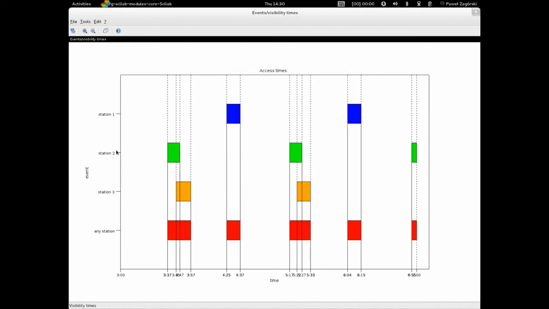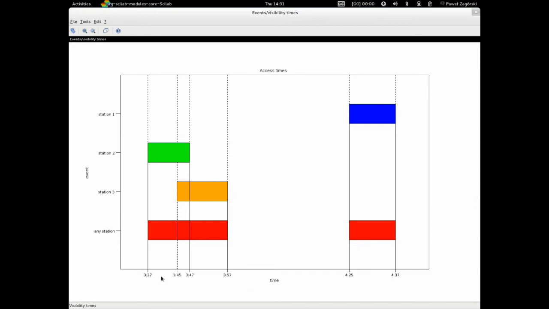Ground station number 2 saw the satellite first at 3:37, then while it was still visible, ground station number 3 saw it, and ground station number 1 saw it at a completely different time because it's located in the southern hemisphere.